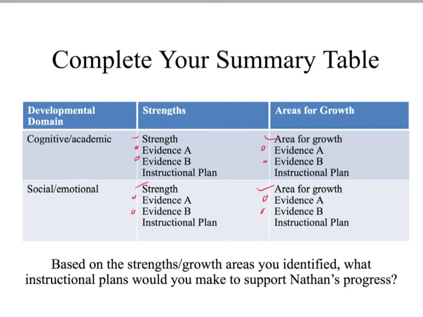Now, it's possible that you might not have all of the evidence that you need. Sometimes that happens. But once you have your strengths and areas for growth identified, you can continue by gathering more data to fill in the blanks or the empty spaces.